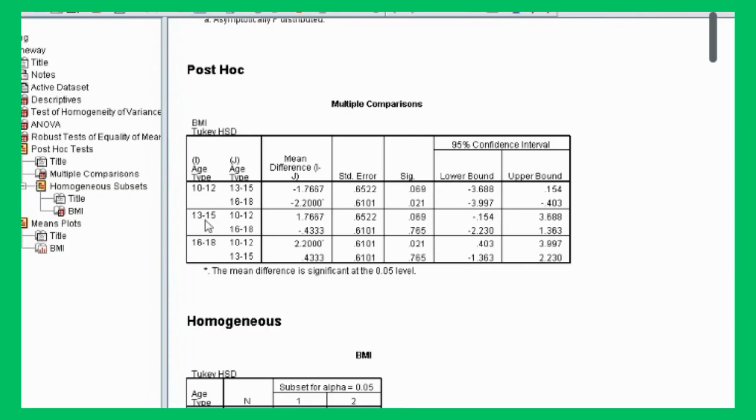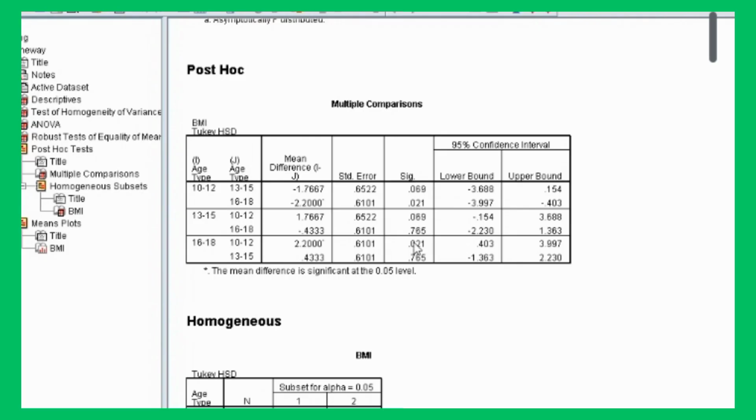You go to this one, 13 to 15. It is compared to this one the same way. And 13 to 16, when you compare, it gives you a p-value of 0.7, so it's not significant. Then you look at 16 to 10, it gives you the p-value, which is 0.021.